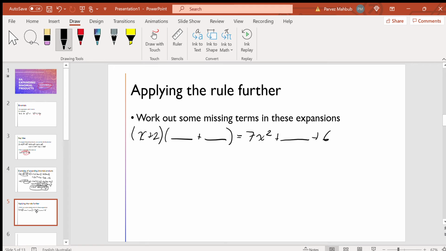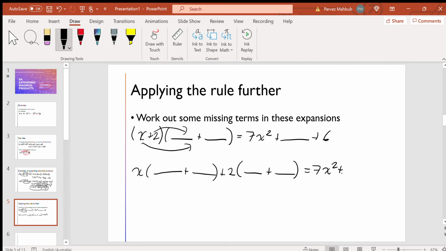So let's do the first step, which is multiplying one term by the other ones and this one by this one. So x times this plus this plus 2 times this plus this is equal to 7x squared plus something plus 6.